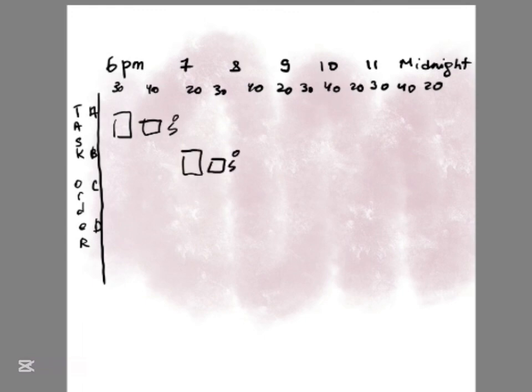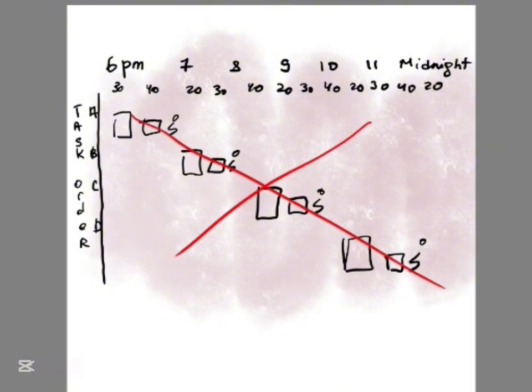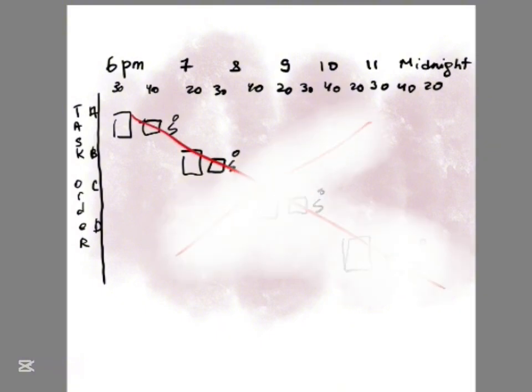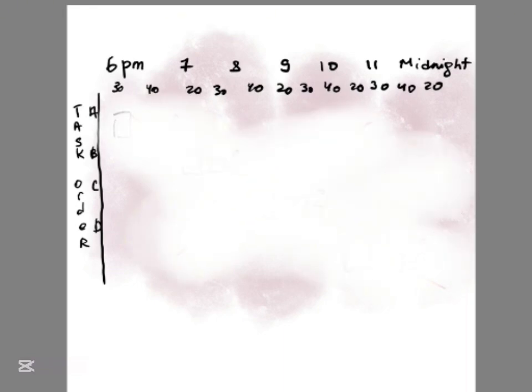Next, person B does the same, washes, dries, and folds, and person C does the same, and person D finishes their laundry. But it takes time till midnight, and we don't want to spend so much time for laundry.